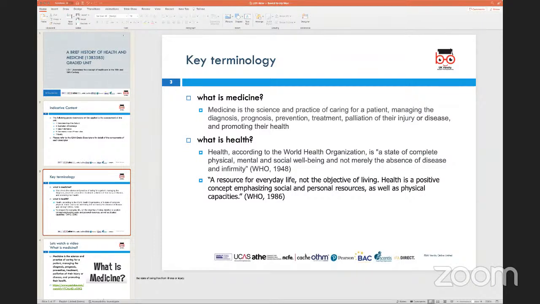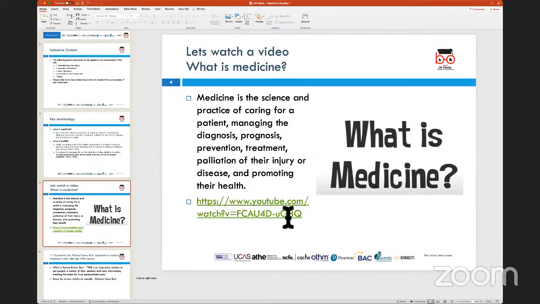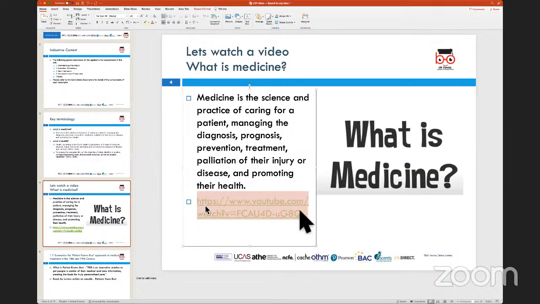So we say health is a state of complete physical, mental, and social well-being, not merely an absence of disease or any form of illness. Is that okay? So these are two broad things that we need to understand, in terms of terms which are going to be used repeatedly, specifically when we talk about the brief history of medicine.